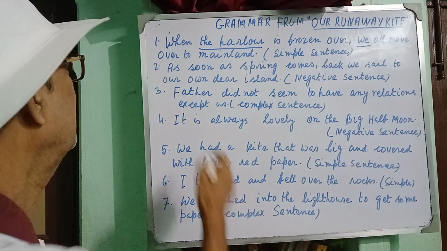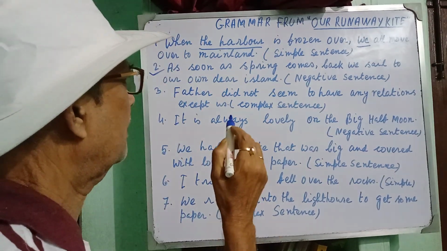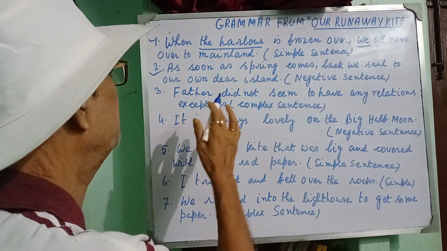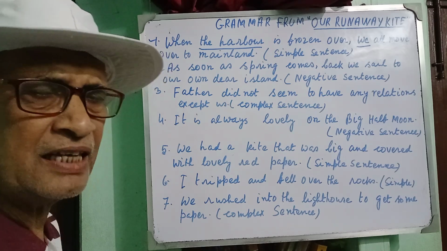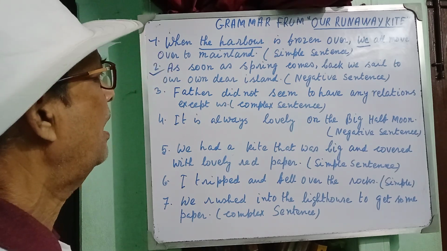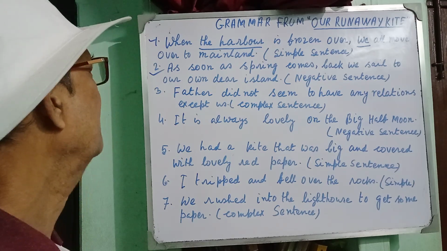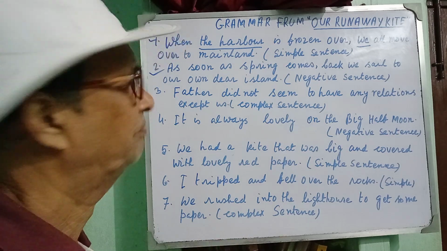And my second item is, as soon as spring comes back, we sail to our own dear land. When there is as soon as, and you are asked to turn into a negative sentence, you must use no sooner and then.